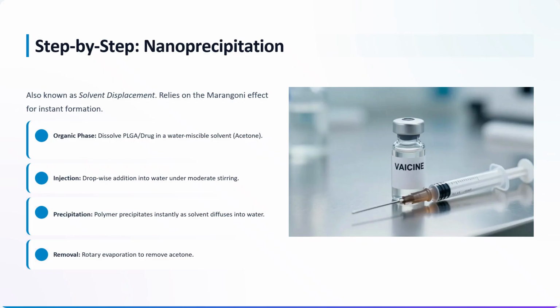As the solvent diffuses into the water, the polymer rapidly loses solubility and precipitates into nanoparticles almost instantly. This rapid formation process often leads to particles with narrow size distribution and is particularly useful for hydrophobic drugs.